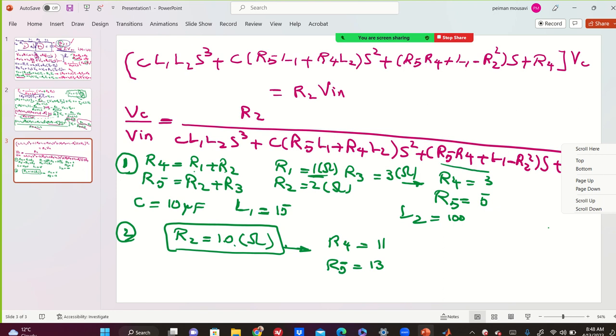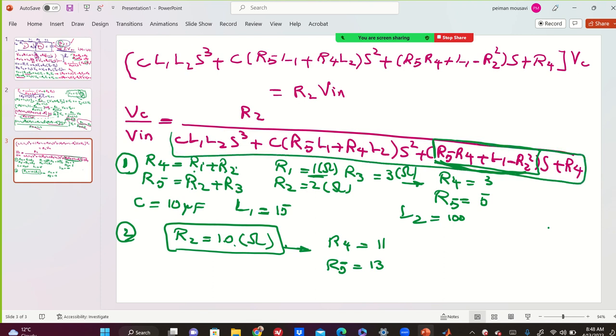Okay, it's not possible because this is always positive. That's fine. But if you can find a number which is negative, your system becomes unstable. My point is that if you don't know the numeric values of these parameters, how do you know whether your system is stable or unstable?